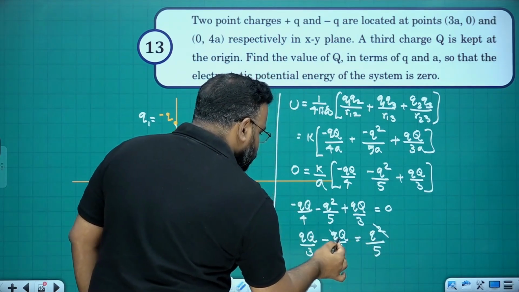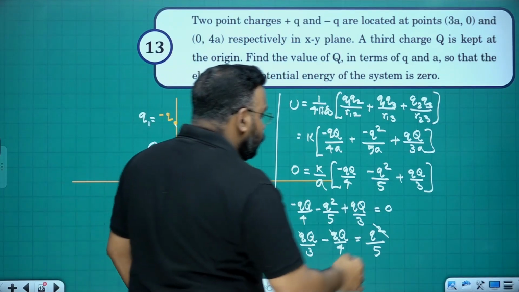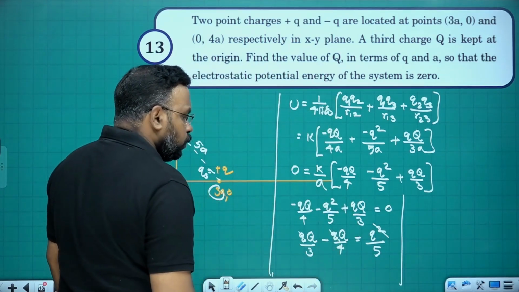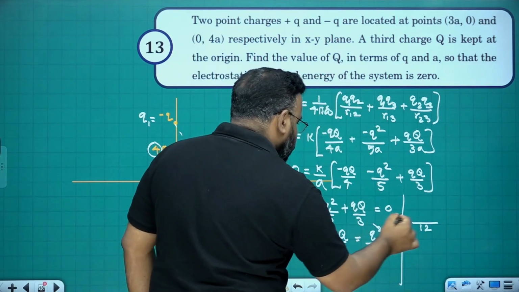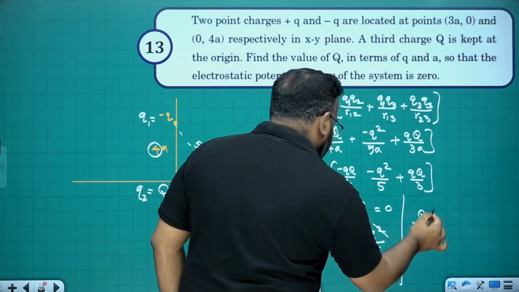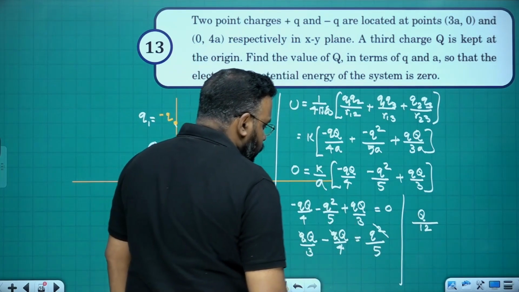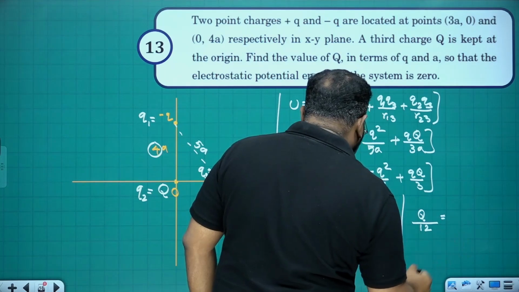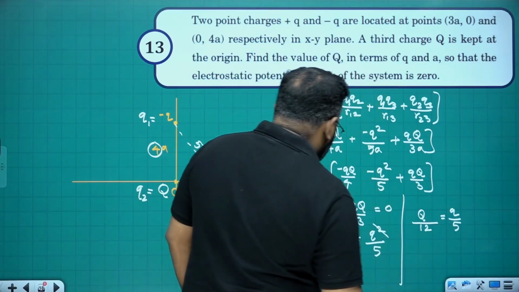One q you can cancel from all the terms. So we get q by 3 minus q by 4. I am going to take 12 as LCM. So we get 4q minus 3q, which is q. So we get q by 12. 4q minus 3q by 12 is equal to q by 5.